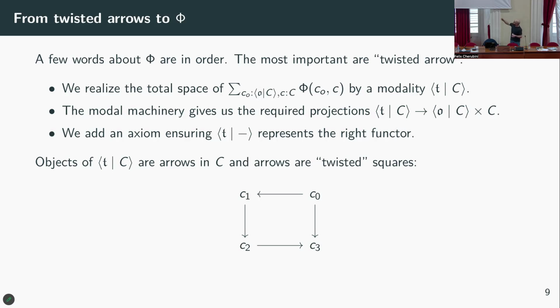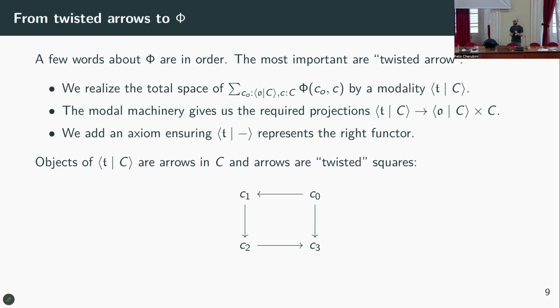Let's say we're talking about C here. So the objects of the twisted arrow category on C are going to be arrows in C, and the synthetic morphisms in this category correspond to not squares, but twisted squares. So if you look at the diagram that I've drawn here, notice that the top arrow points towards me, and the bottom arrow points away. So in particular, they point in opposite directions.